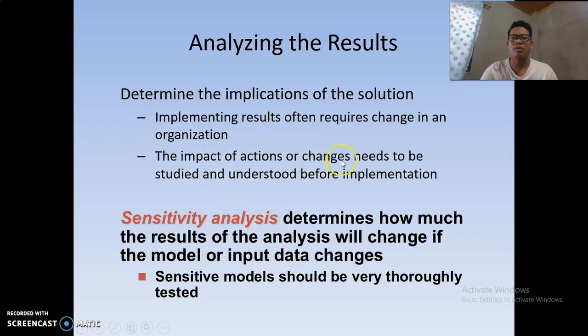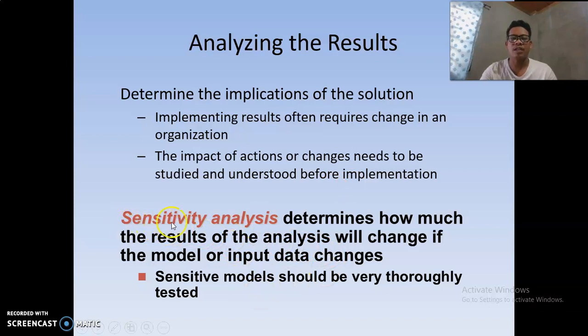The impact of actions or changes needs to be studied and understood before implementation. So we have to clarify first if this solution is really the need of the organization.